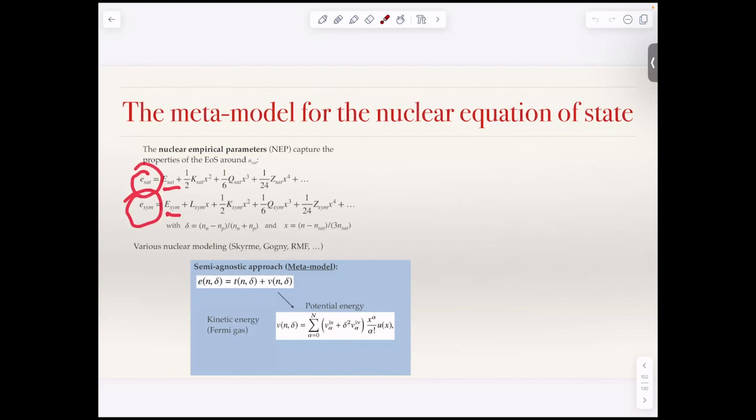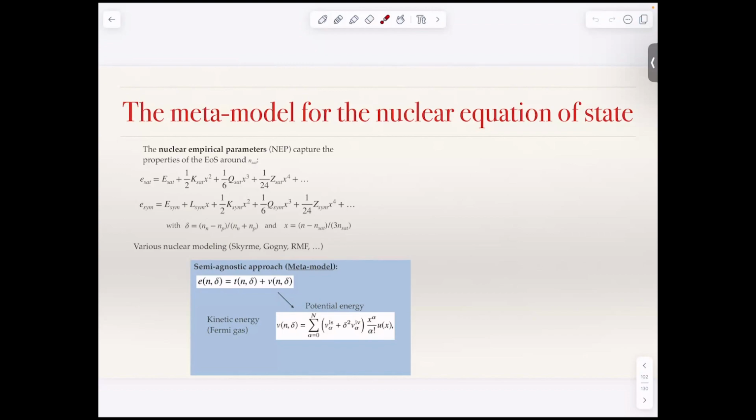Okay, and you see here that they are the empirical parameters that appear. So in a way, if you can estimate the uncertainty on the empirical parameters from your microscopic approach, you could employ the meta model in order to explore this uncertainty and generate a band of equations of state compatible with this uncertainty. And this is what is done.